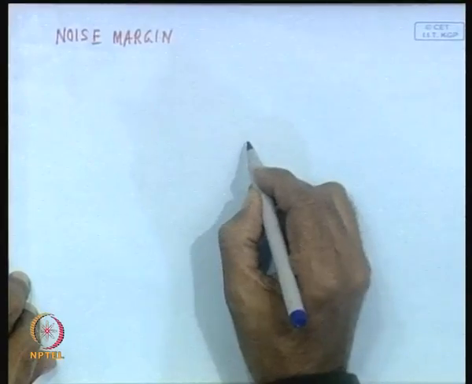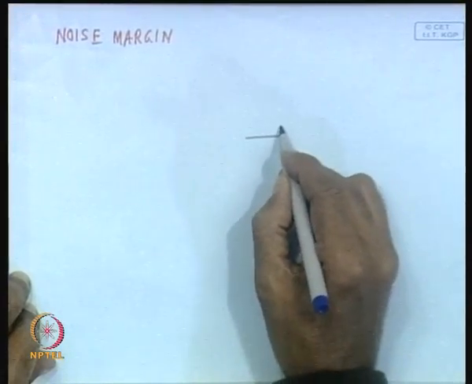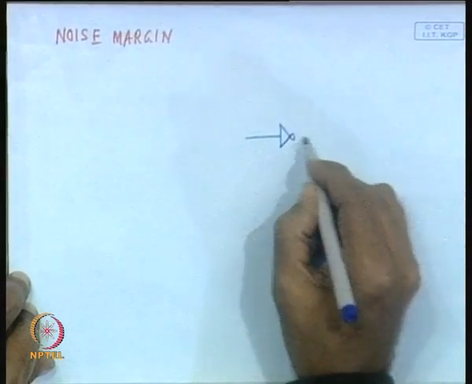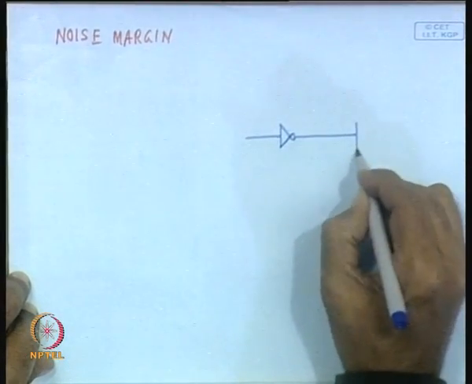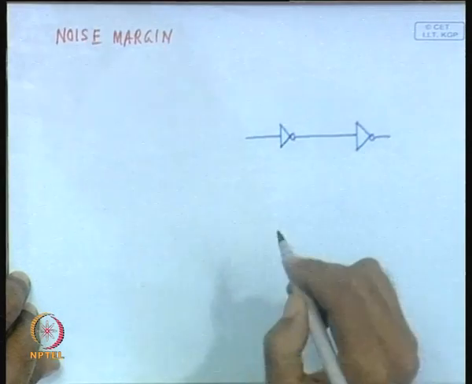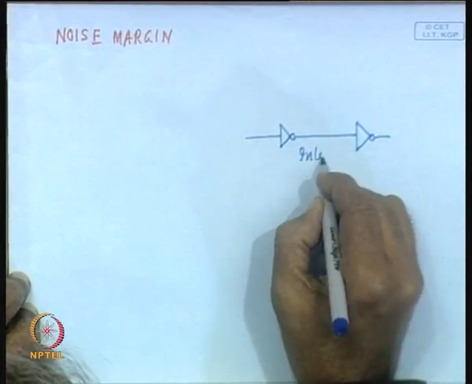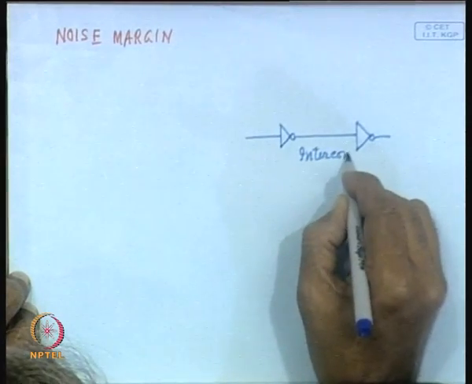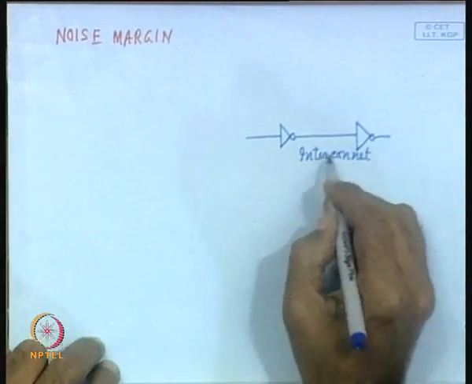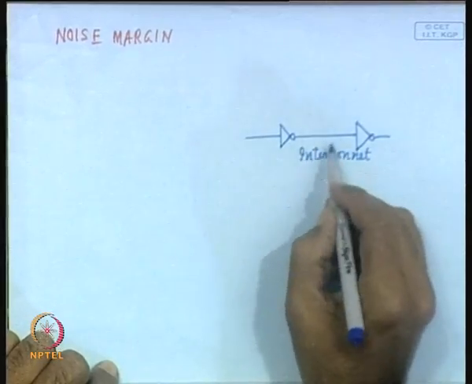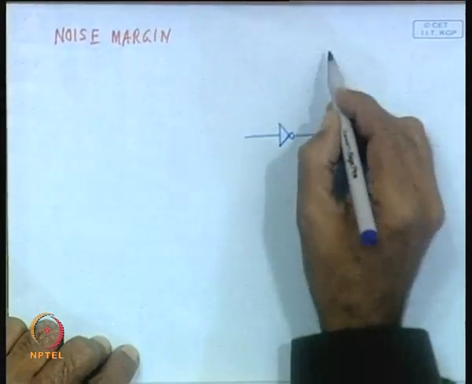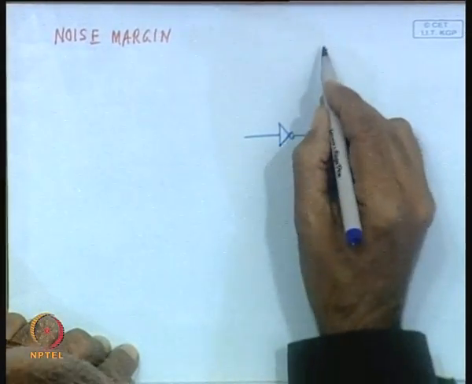discuss that, let us consider a situation where you are applying the output of an inverter to another inverter. Obviously, in between you have got some kind of interconnect. Interconnect will have some resistance, and here the output will change.